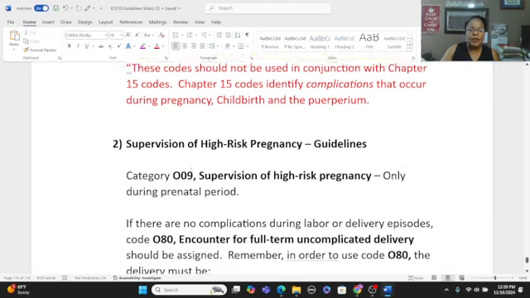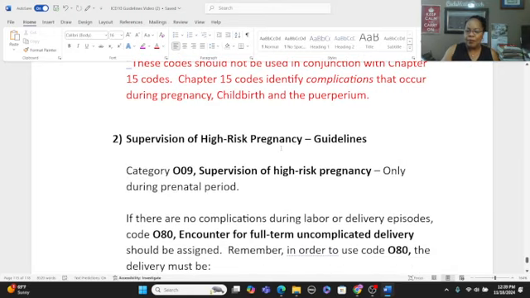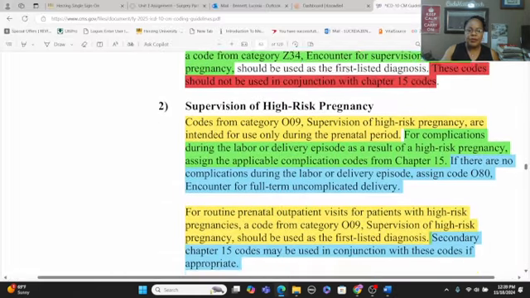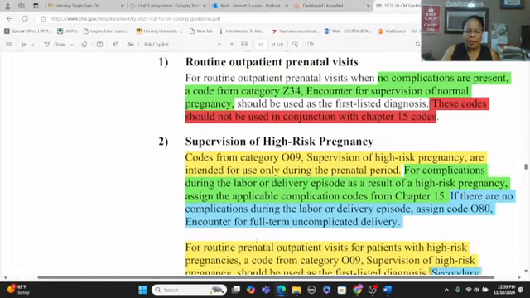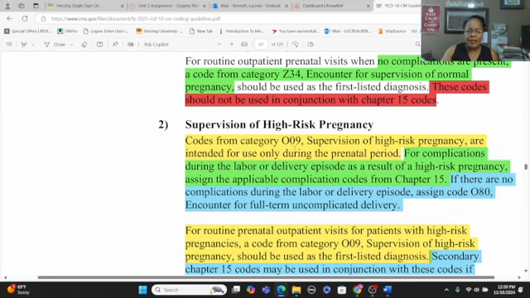Number 2, supervision of a high-risk pregnancy. Let's go to the guidelines. Number 2, codes from category O09, supervision of high-risk pregnancy, are intended for use only during the prenatal period.